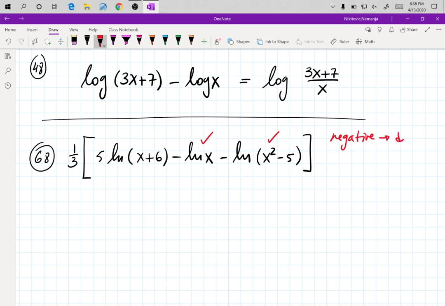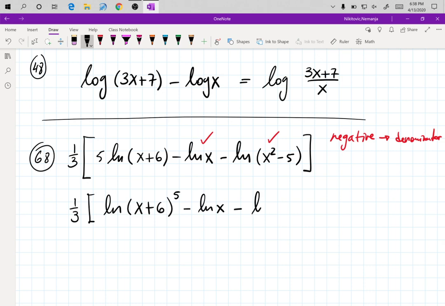That means denominator. That's very important. So what I'm going to do is 1/3 of ln of (x plus 6) to the 5, minus ln x, minus ln(x squared minus 5).